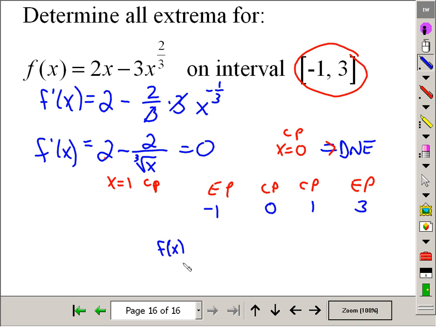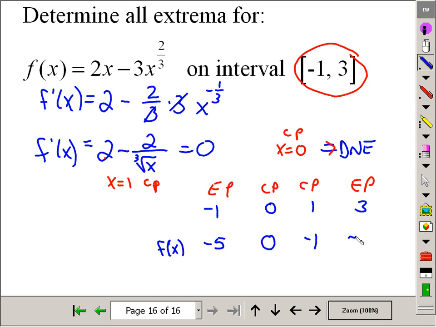And then again, we plug these into the original function. We end up with f of negative 1 comes out to be negative 5. 0 comes out to be 0. 1 comes out to be negative 1.